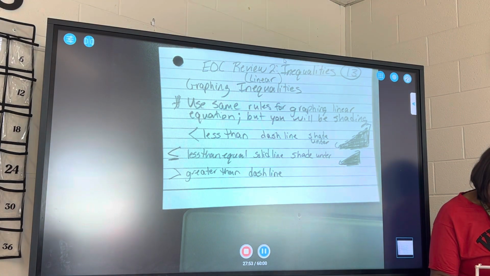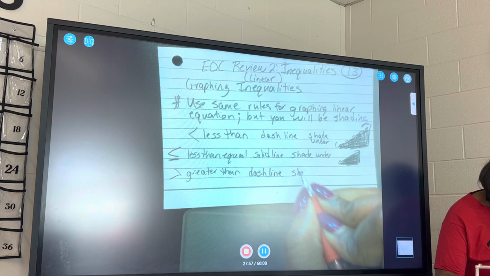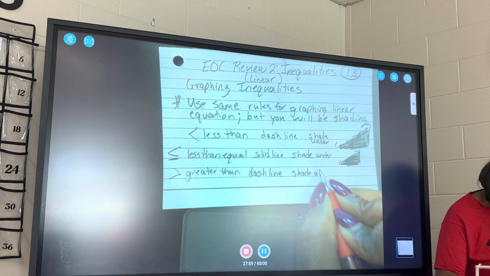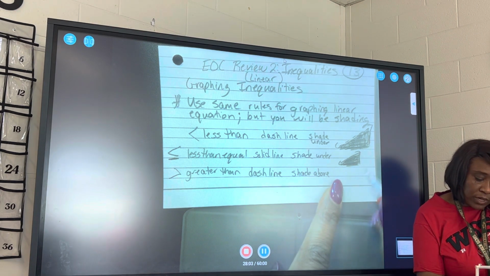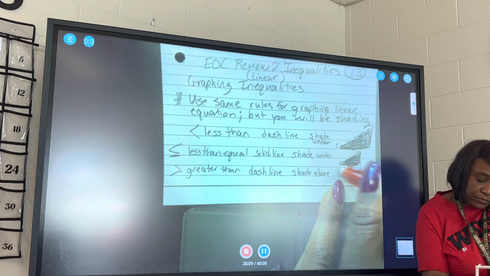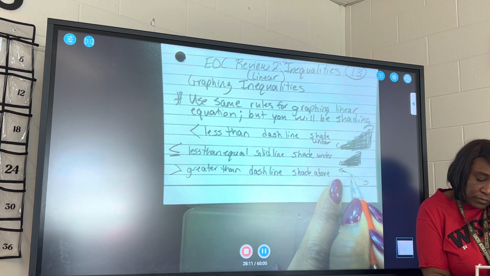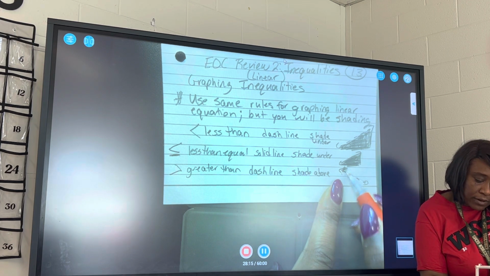And you're gonna shade above the line because it's greater. So above the line, if my line's going this way, oops, it should be dash. Above the line is this way.